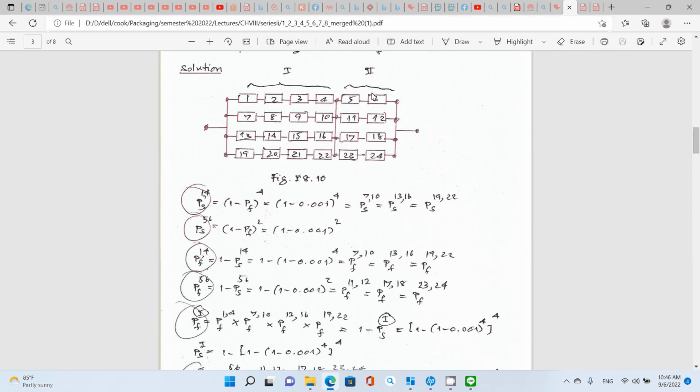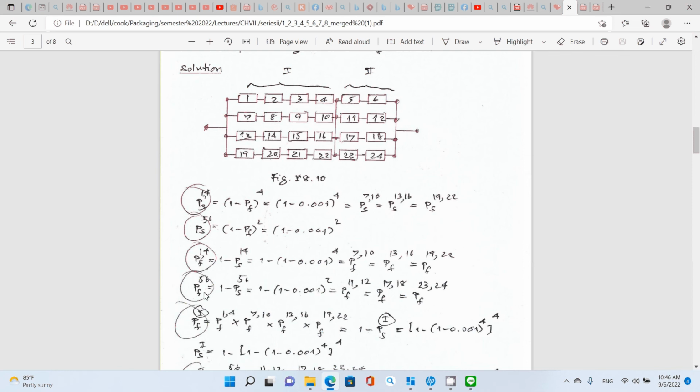Now for system 2, you have 2 components in series. So PF of 5 and 6 is the same.